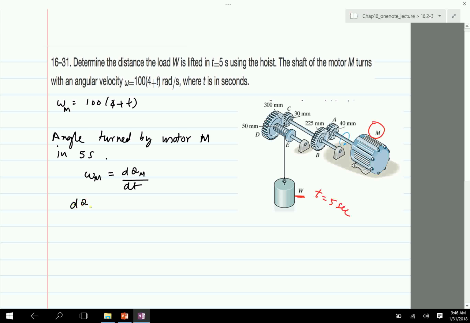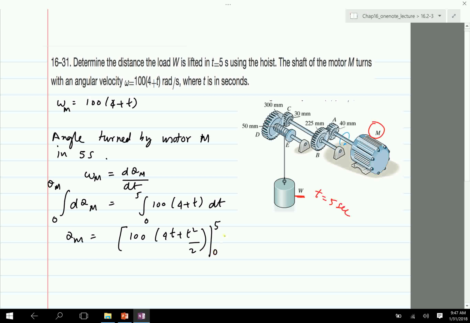So d theta m, the initial angle we'll assume to be 0, we need to find the final angle turned, equals the integral of omega m, which is 100 times (4 plus t) dt. The time goes from 0 to 5, so theta m is 100 times (4t plus t squared divided by 2), with limits 5 and 0.